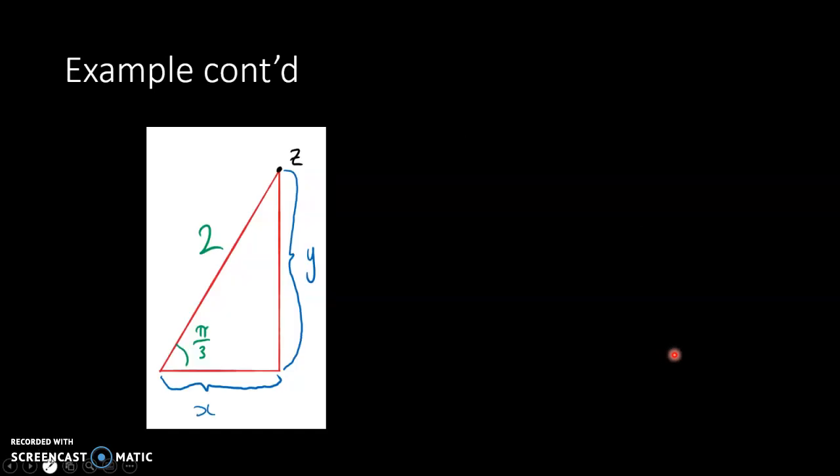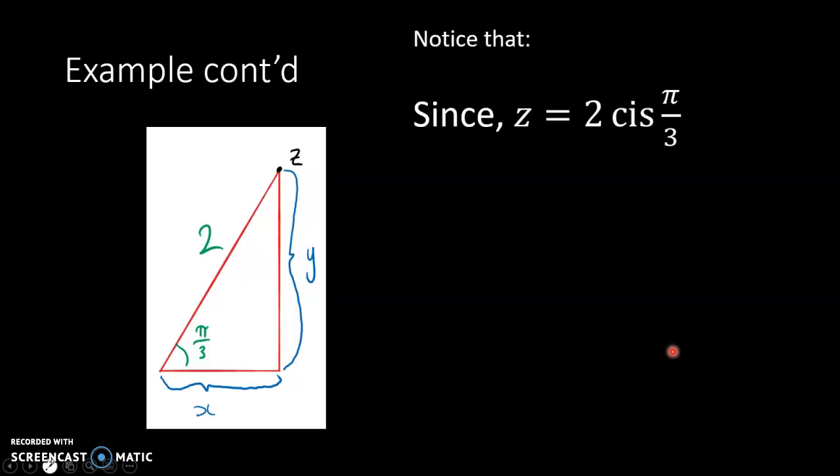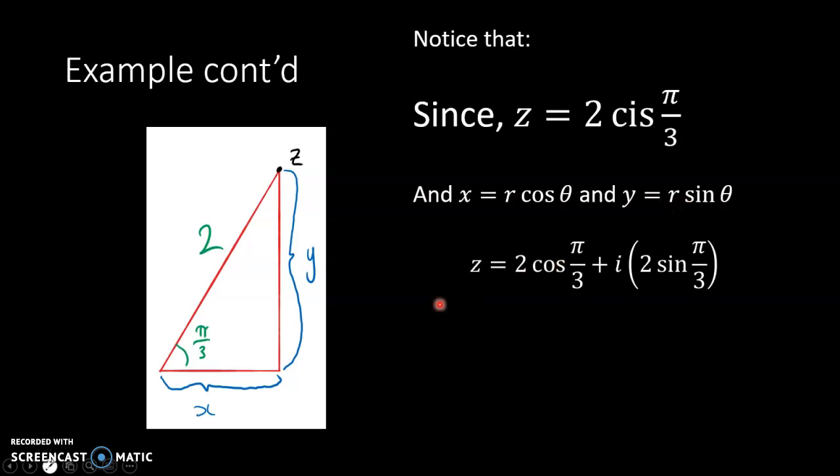Now I'm going to convert that. Since z equals 2 cis pi on 3, and I know that x equals r cosine theta and y equals r sine theta, I can write z equals x plus i times y.